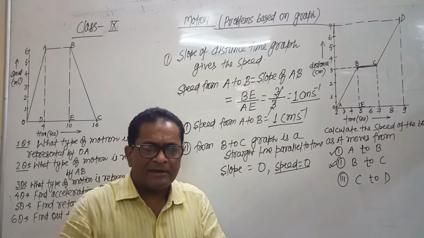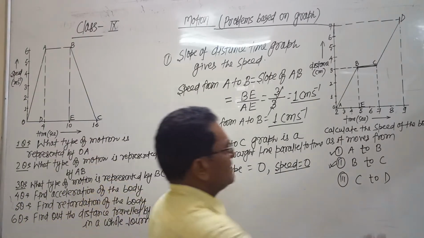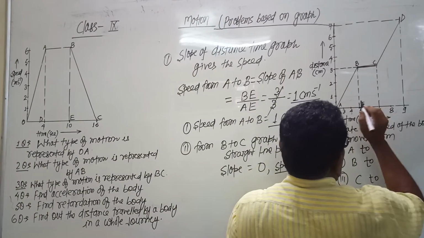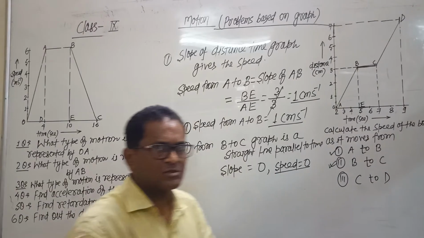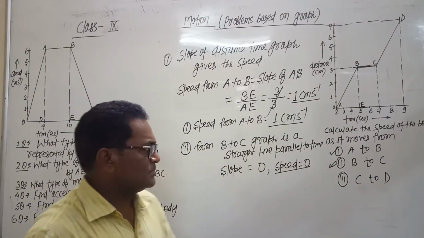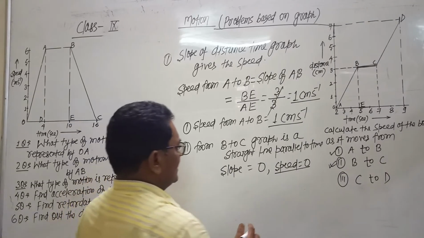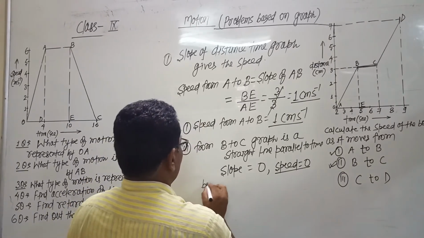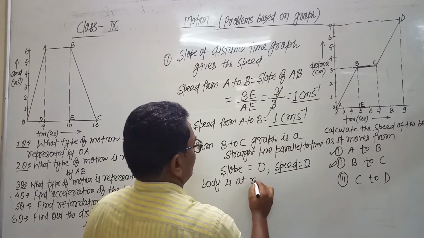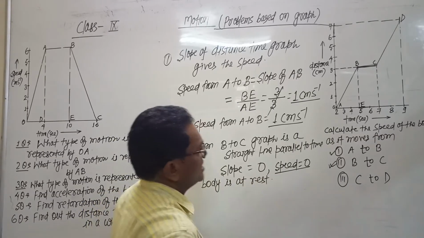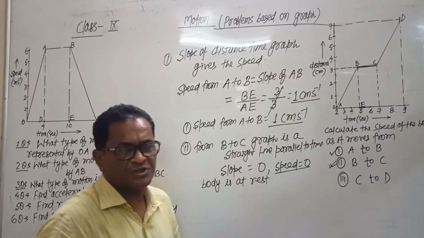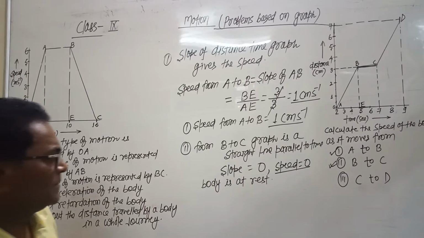Slope 0 means speed 0, and speed 0 means the body is at rest. Time is continuously changing, but there is no change in the position, in the distance covered by the body.